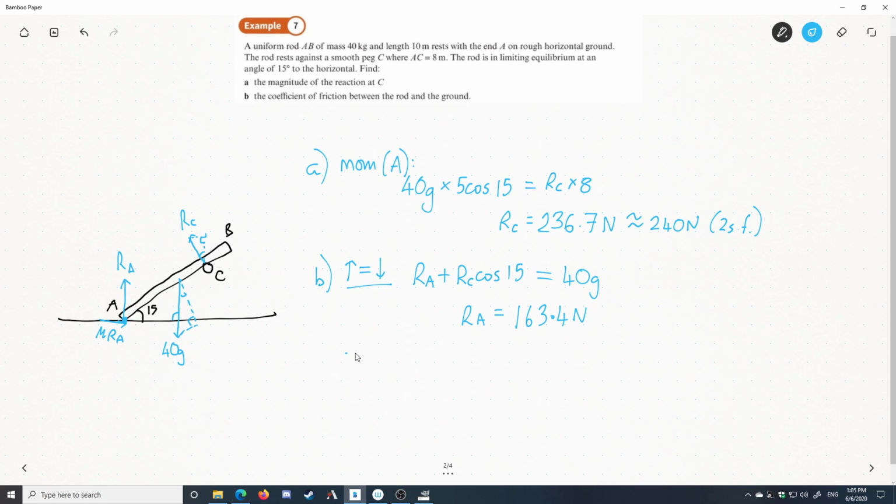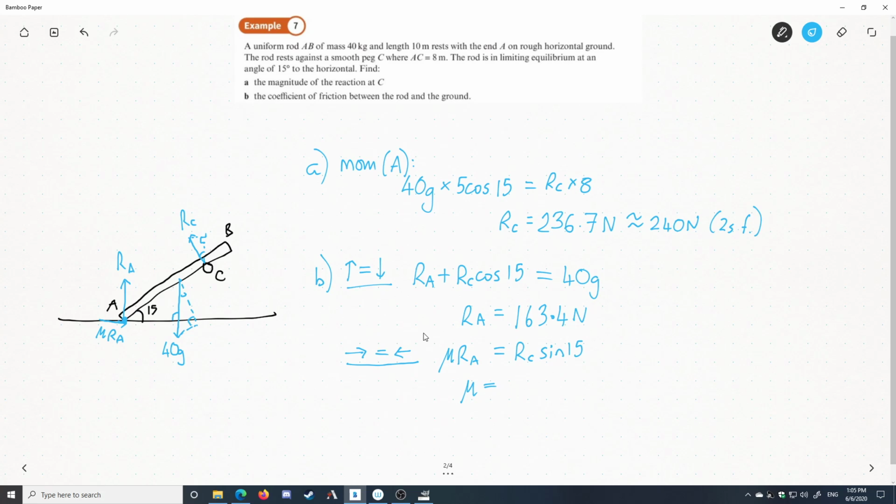And now if we do our horizontal forces, we can see that mu Ra equals Rc sine 15.